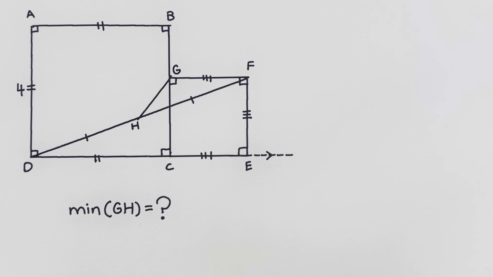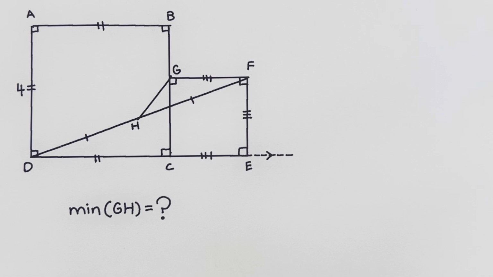Since H is the midpoint of DF, well, this reminds us of a special property of triangles called the midsegment. The midsegment is the connection of the two midpoints of a triangle's sides. And right now we're given one of the midpoints. So we should construct the other midpoint to see what we can do to find the length of GH.